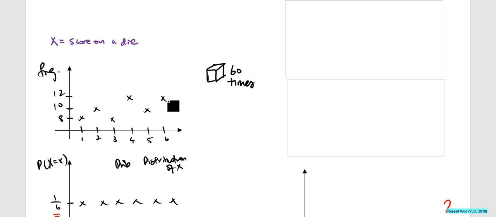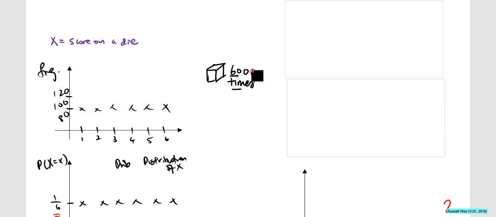But you will only have done it 60 times. Now, what if you do it 600 times? If you do it 600 times, probably you get something very close to 100 for each.